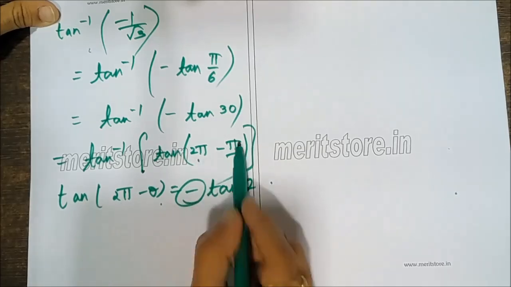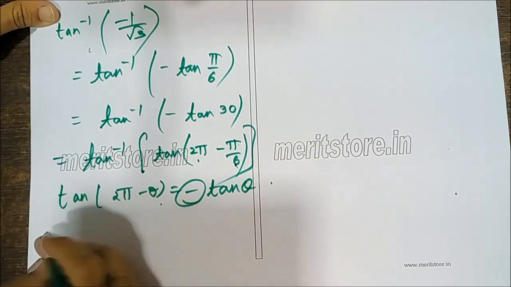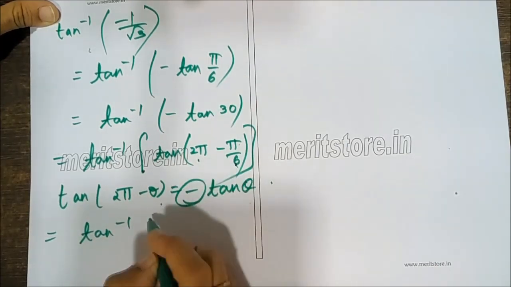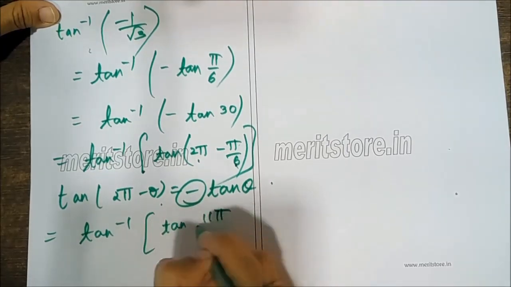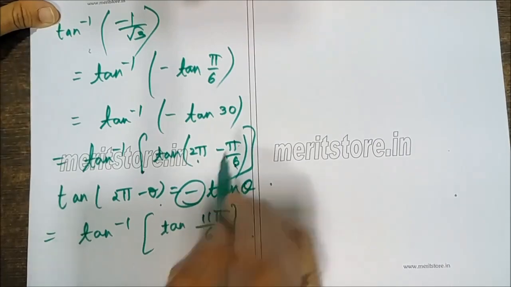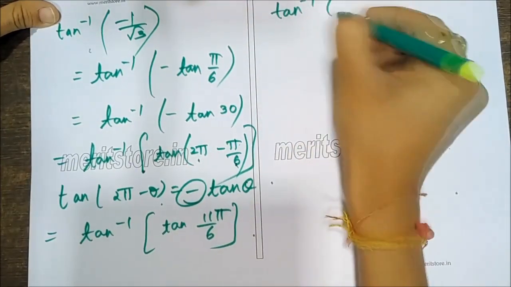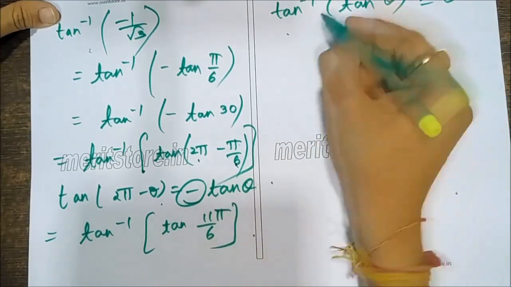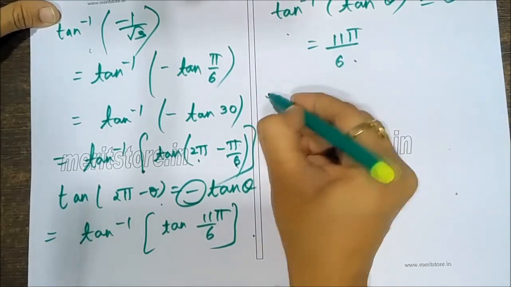Okay, so 360 minus here you have done. After that, what is the answer for it? Taking LCM and everything, you are getting tan inverse of tan 11 pi by 6. One more trigonometric function we have done: tan inverse of tan theta is theta, so here your answer is 11 pi by 6.